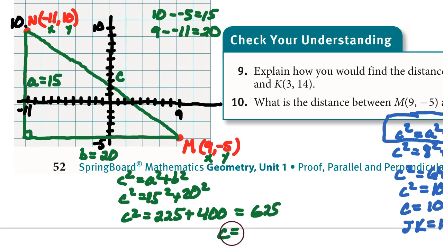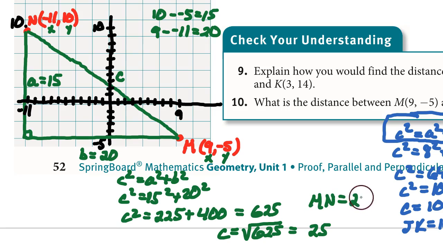To find c, we do the square root of 625. That happens to be 25, because 25 times 25 is 625. We have figured out that MN is 25 units long. Our technique is to use the Pythagorean theorem and to use x and y coordinates to find values for a and b.